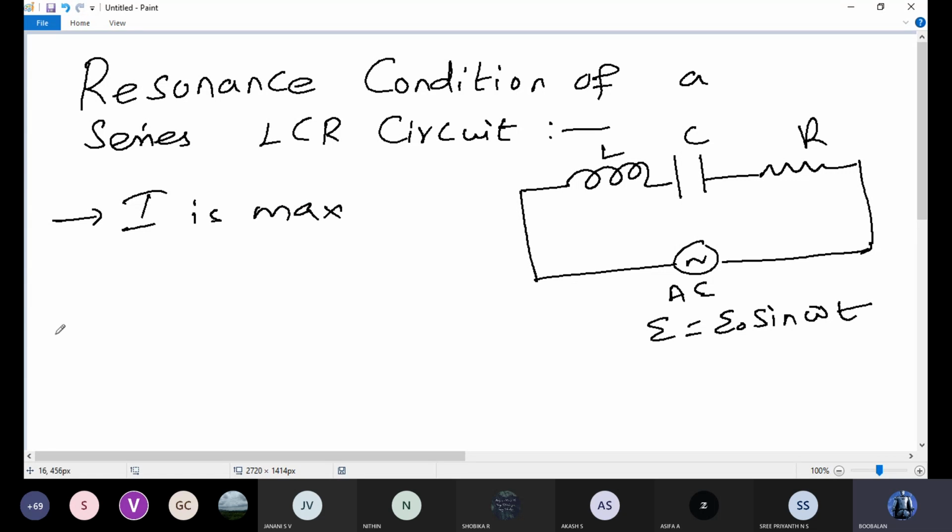From the formula, you know the relationship between current amplitude and voltage amplitude.